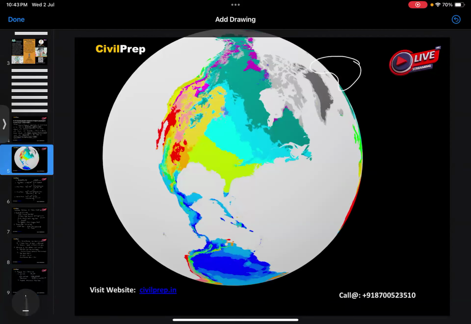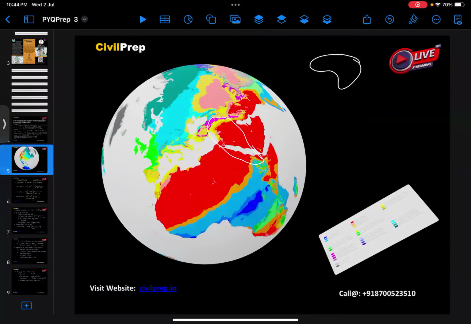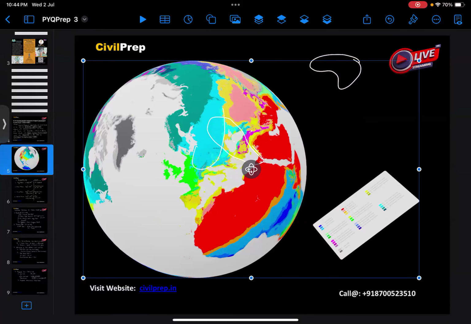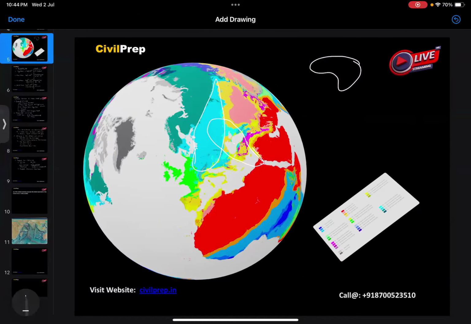Okay, so this is the Great Lakes region which is present just between Canada and USA. Now, apart from this, we'll also see that the same type of climate is present in the European region. Okay, so this is clear.